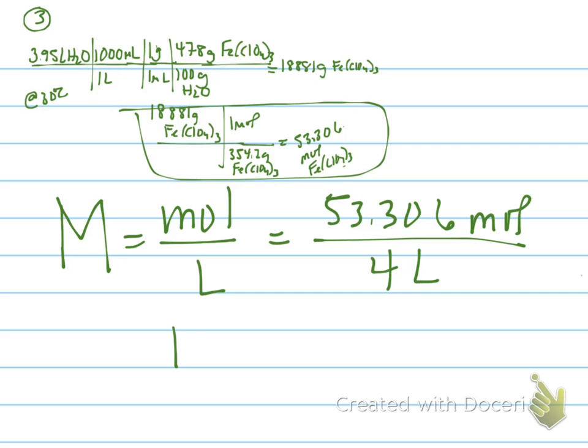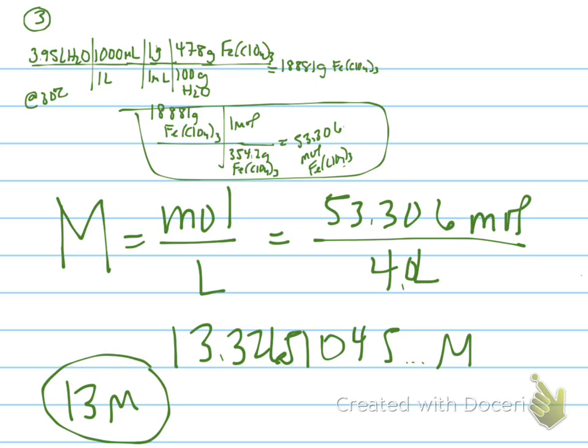So you get 13.32651045, etc. molar. With 2 sig figs based on our 4.0 liters, we would just call it 13 molar. 13 molar solution. That's really concentrated.